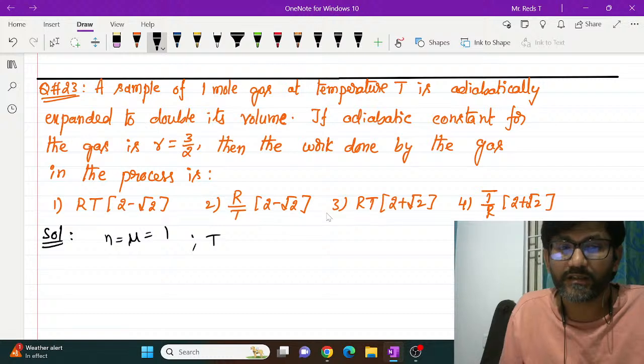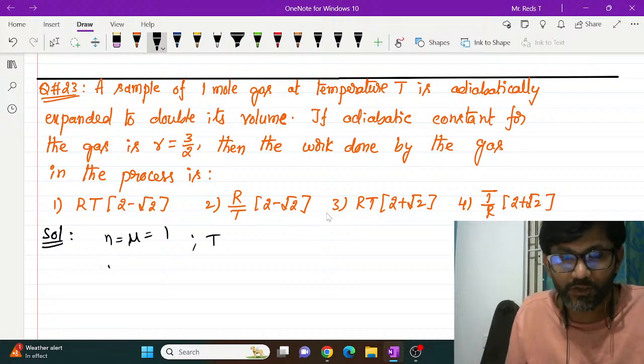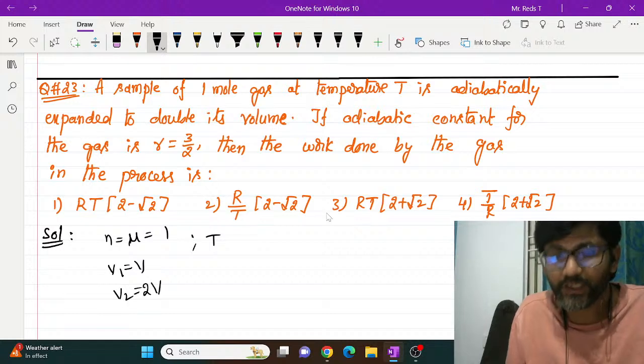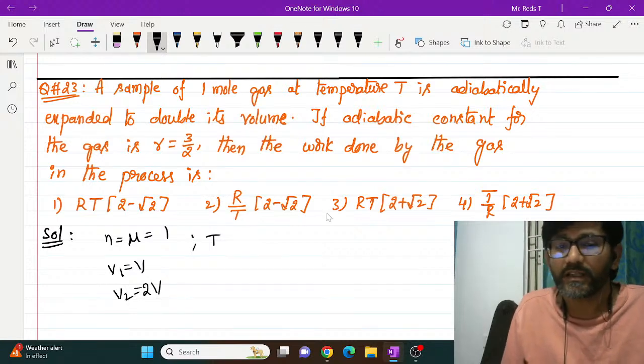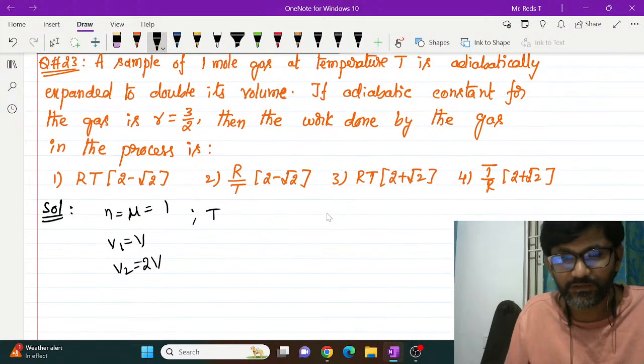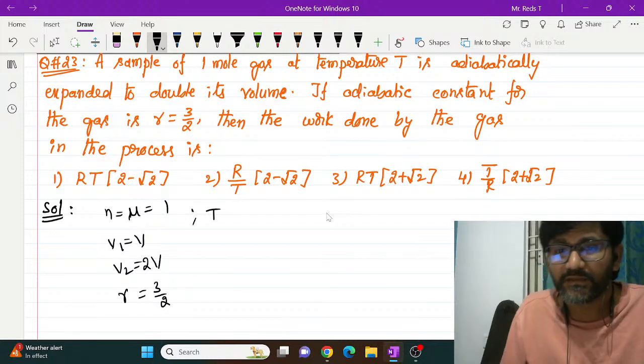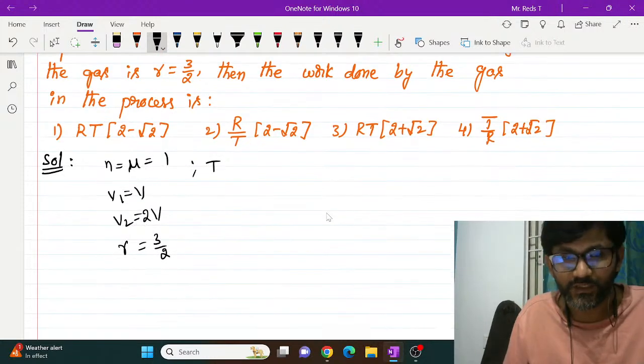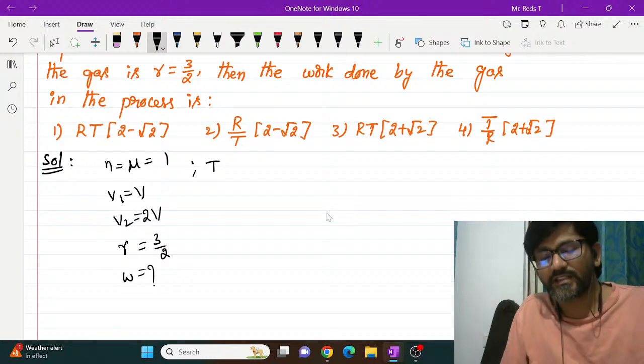So initial volume V1 is equal to V and V2 is equal to 2V. If the adiabatic constant for the gas is gamma equal to 3 by 2, then the work done by the gas in the process is what?